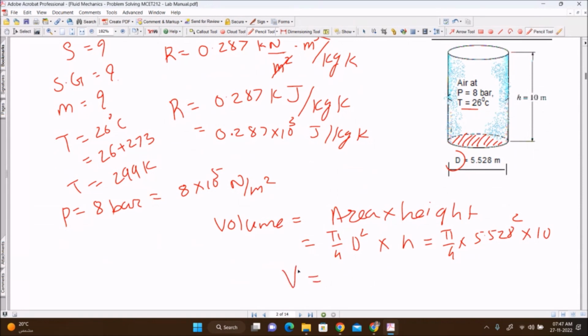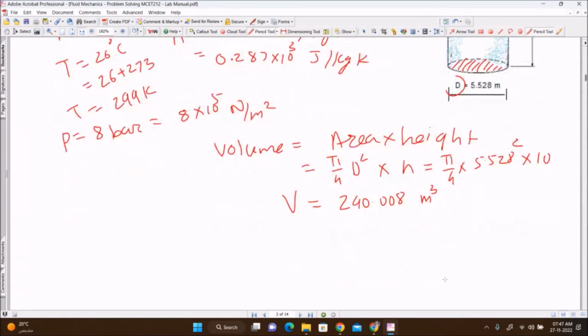So I will get volume V is equal to 240.008. Check the answer from your calculator. If there is a calculation mistake, please ignore it. Do the calculation yourself. This is meter square and this is meter, so it becomes meter cube. The unit of volume is meter cube.